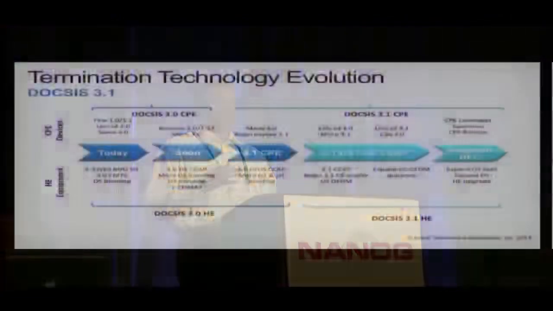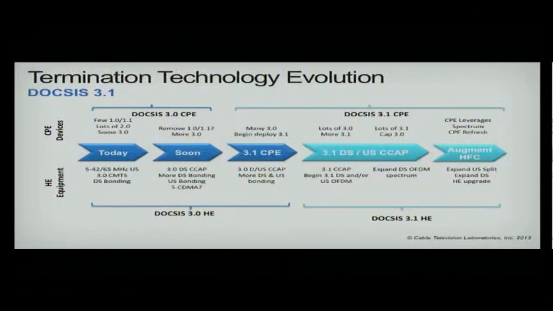And then over time, as more 3.1 equipment makes its way into the plant and MSOs free up the spectrum for OFDM channels and make the investment for buying 3.1 CCAP and CMTS equipment, then they get into the plant as well, and you can start turning on some of those OFDM features. And then over time, you would expect the 2.0 and 1.1 to be completely gone.